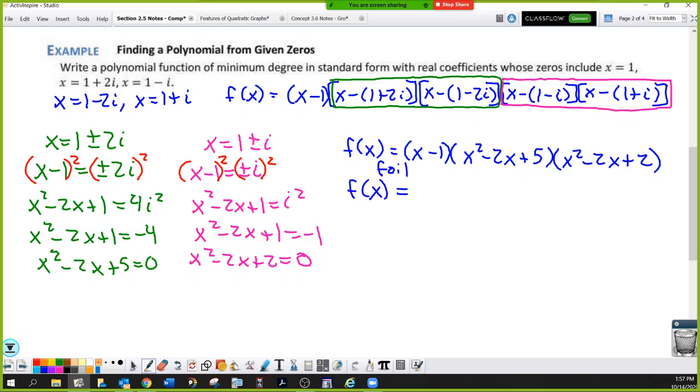Anyway, on my notes, I legitimately wrote FOIL a lot. I didn't even do it. I did it on scrap paper somewhere else because I didn't feel like wasting all my space. x to the 5th minus 5x to the 4th plus 15x to the 3rd minus 25x squared plus 24x minus 10.